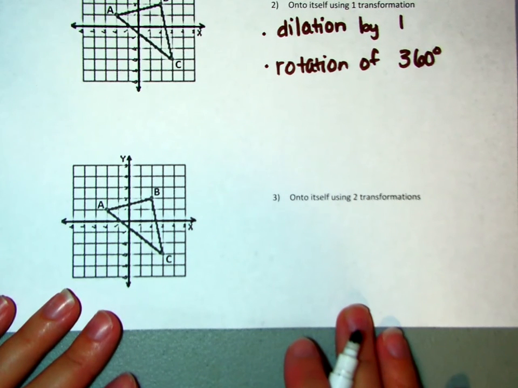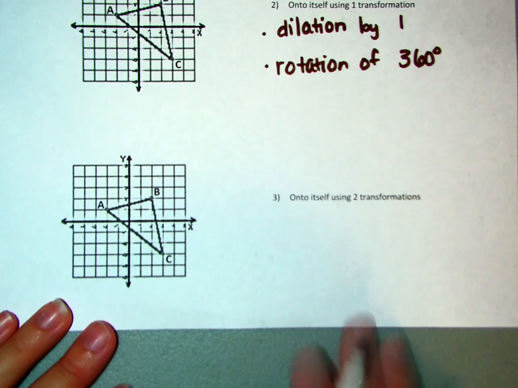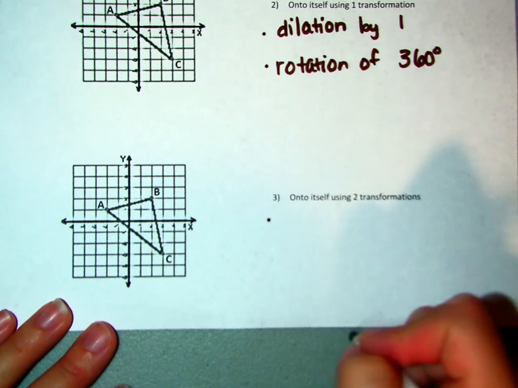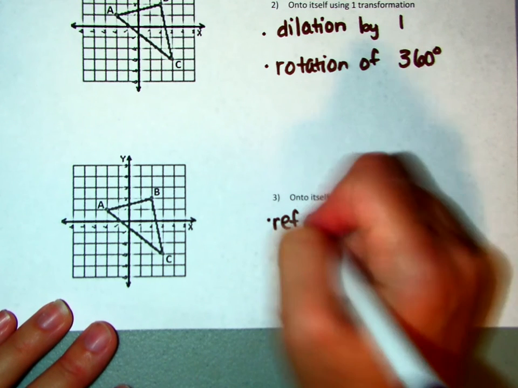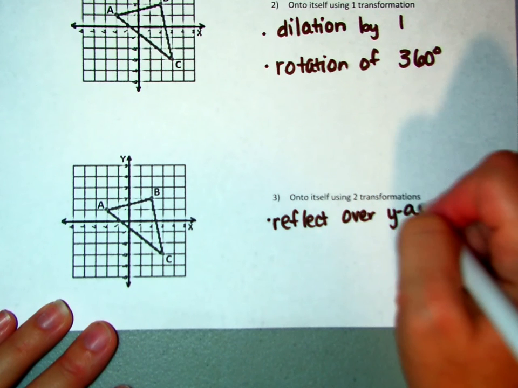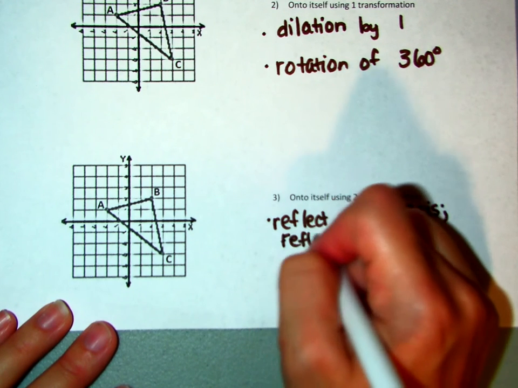Number 3 says we want to map it onto itself, but this time we want to use 2 transformations. So if we're going to use 2 transformations, you either want them to counteract each other to be inverse operations, or you want them to essentially create a dilation by 1 or a rotation of 360. So let's look for example. We could say we want to reflect over the y-axis and then reflect over the y-axis.